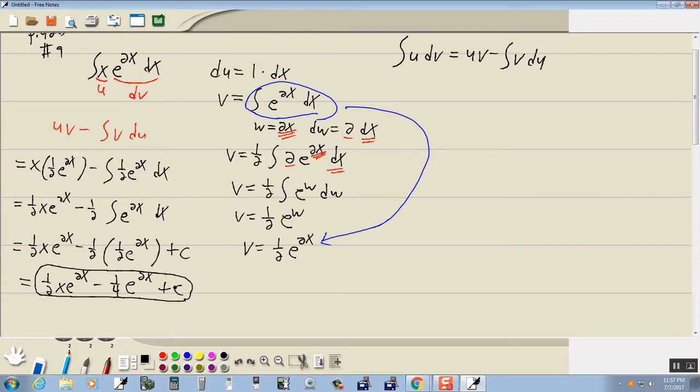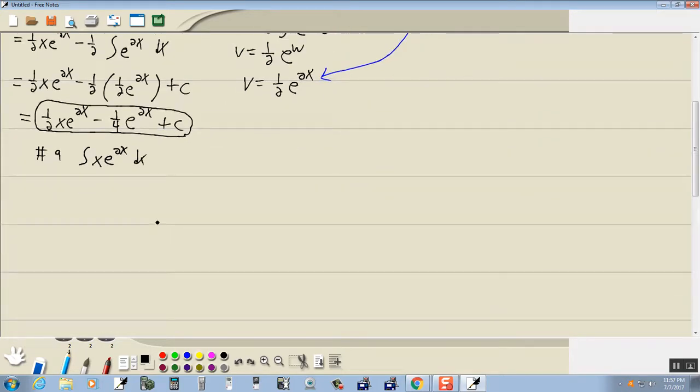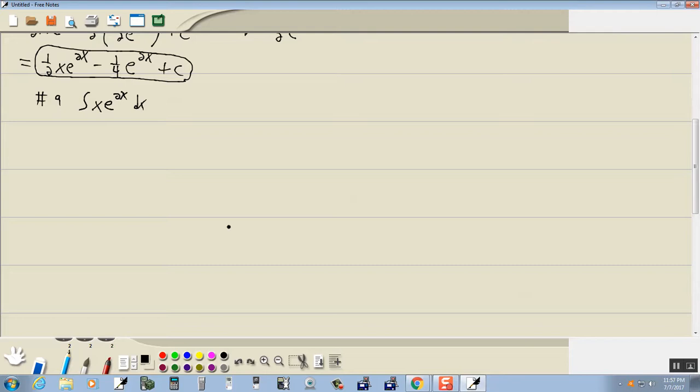Okay. Number 9. Integral of x e to the 2x dx. One way that people do this is they make 3 columns as a shortcut, S, D, I, where D is our derivative and I is our integral.